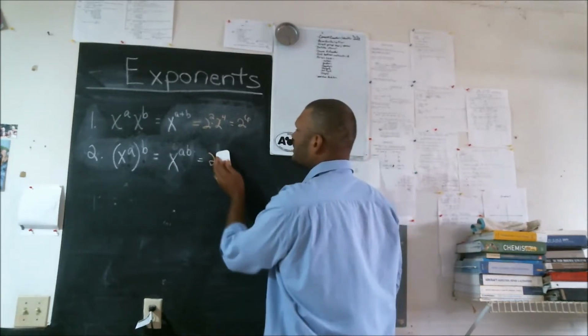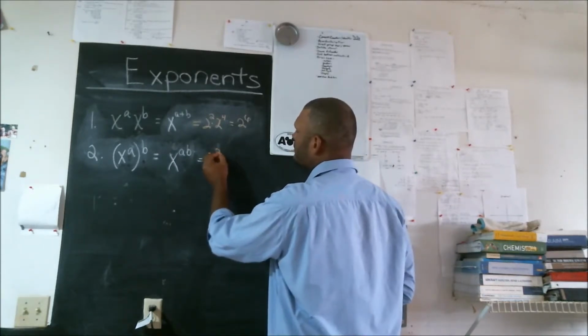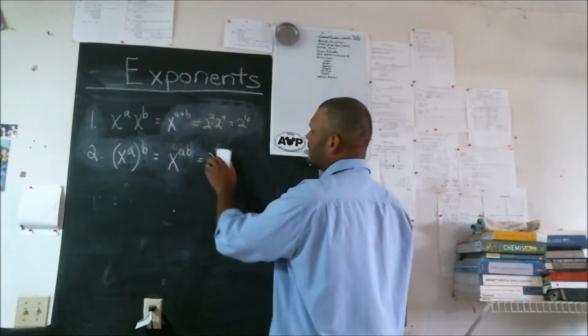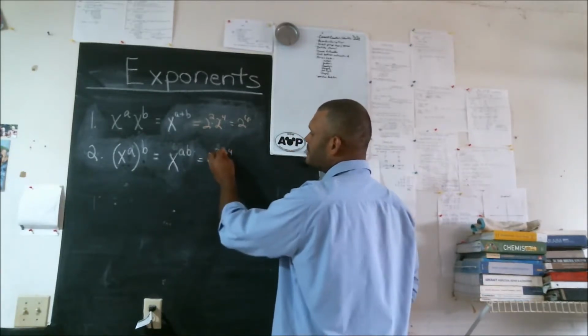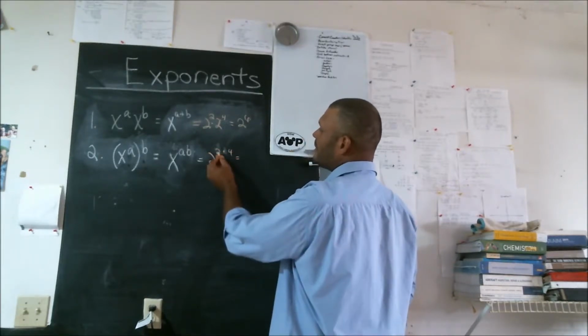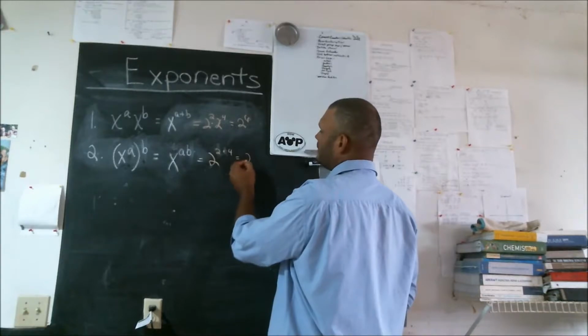So we have 2 times 4. We want to use the standard multiplication, in which this will equal 8. 2 to the 8th power.